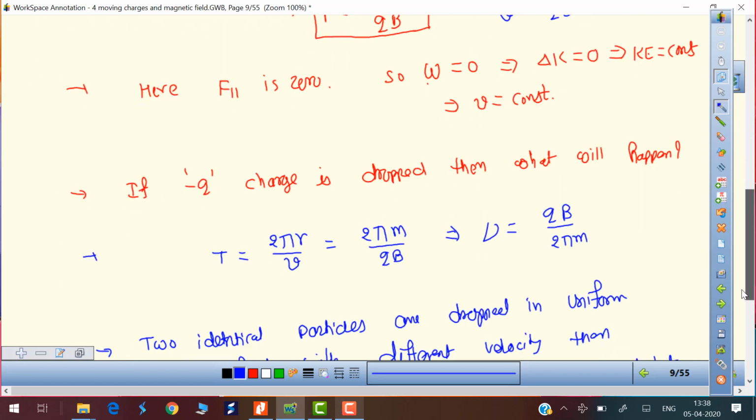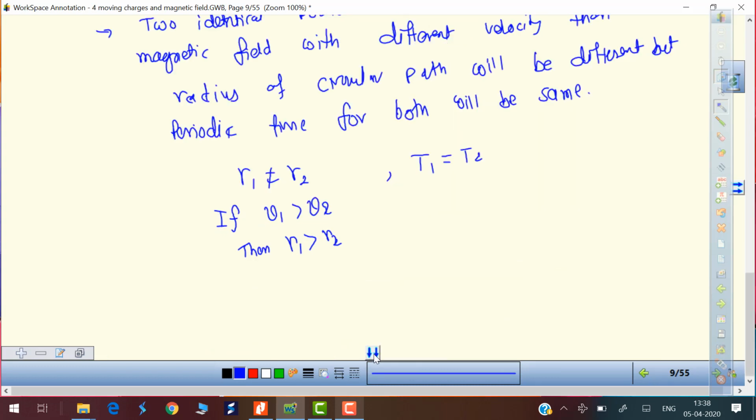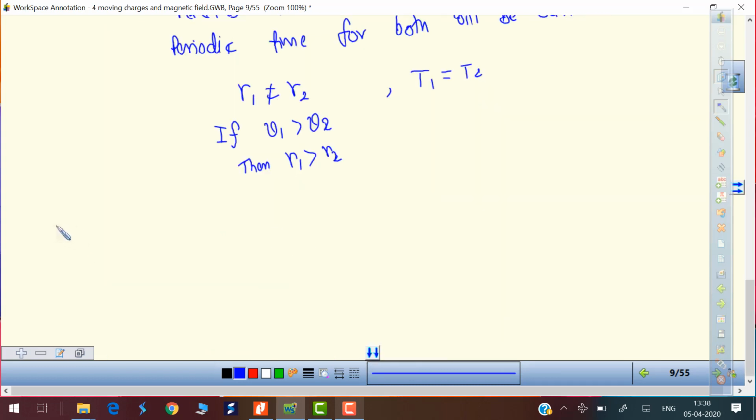Both these equations are very much useful in comparing the radius or periodic time or frequency for different types of particles. I take one example. Suppose I have a proton, a deuteron, and an alpha particle.